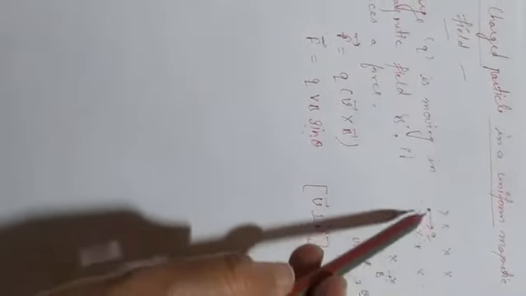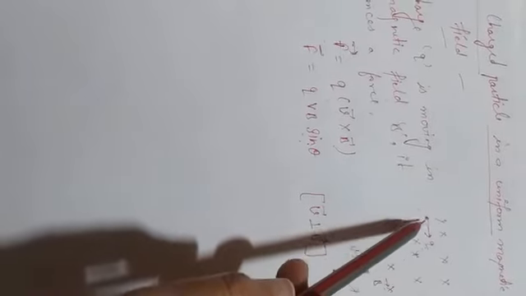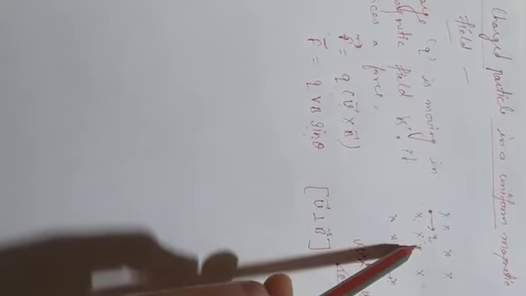Now if a charged particle is entering inside the magnetic field, there are three possibilities. The charged particle can travel straight in the magnetic field. It can move in circular form, that is, it will not go in a straight direction but start moving in circular motion. Third, it can take a helical path.